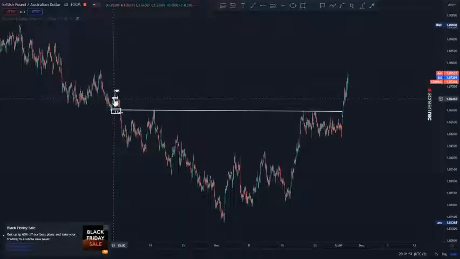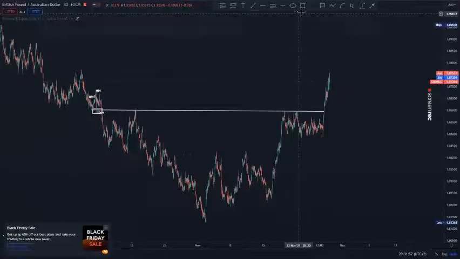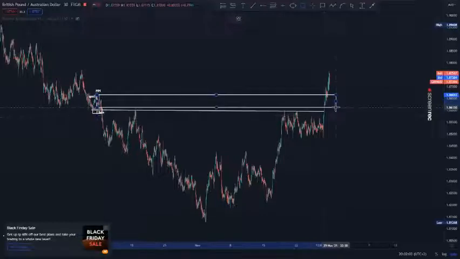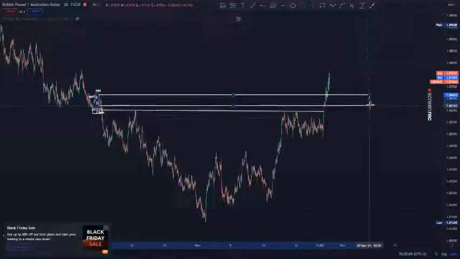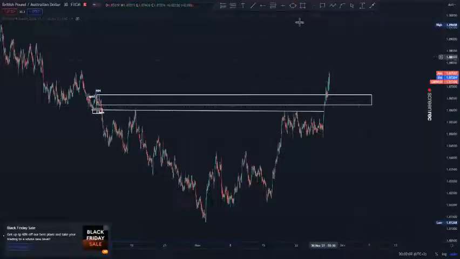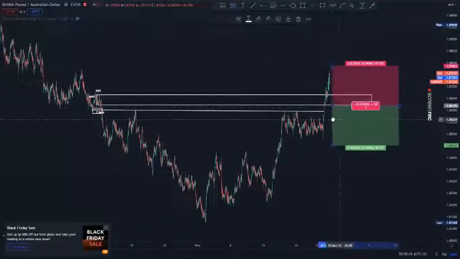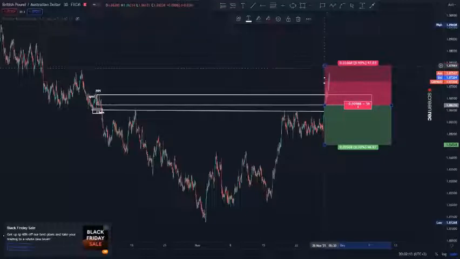My QML was there, my higher high was there. So therefore I wanted to sell from here. I wanted to sell from there, and you can see what happened. The market just literally went to the roof. So my plan was to sell right here.